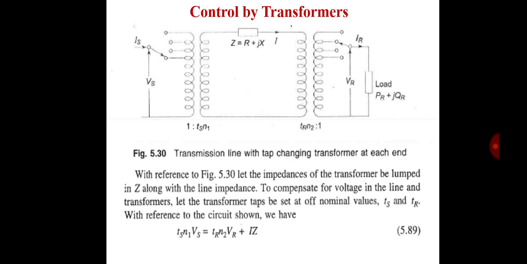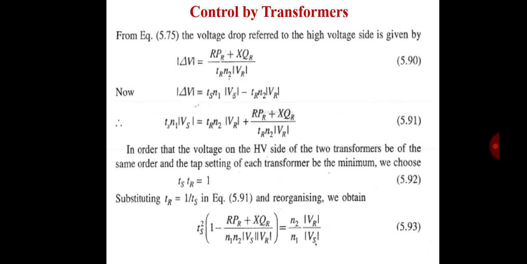Now from equation 5.75, the voltage drop referred to the high voltage side is delta V equal to (R PR plus X QR) divided by TR N2 VR. Delta V is the voltage drop, which is equal to the sending end minus the receiving end.